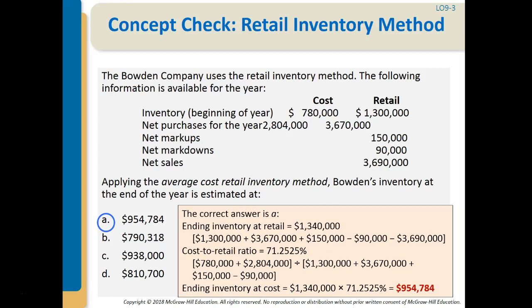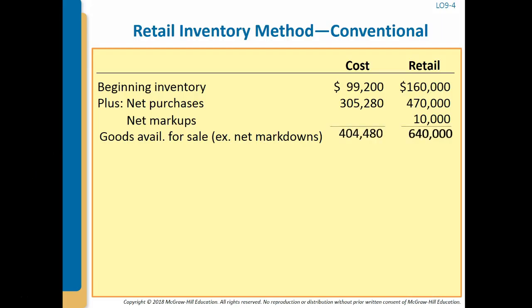If we take at cost the $780 plus the purchases at cost of $2,804,000, divide that by the amounts at retail, the $1,300,000 plus the $3,670,000 plus markups and markdowns, we end up with an ending inventory at cost of the $1,340,000 times that cost to retail ratio, 71.2525%, or the $954,784.